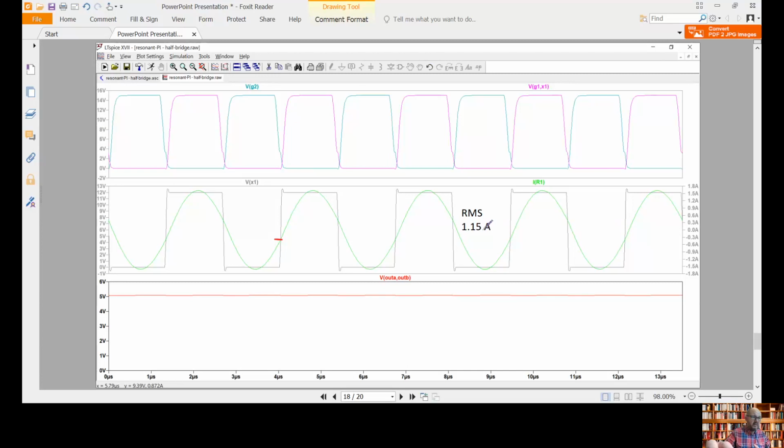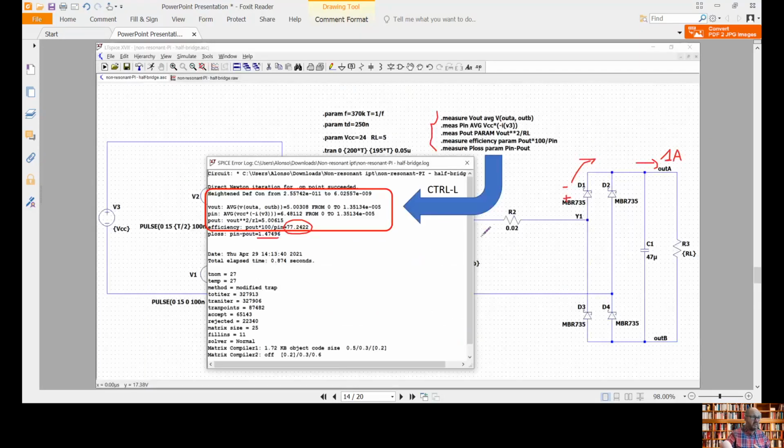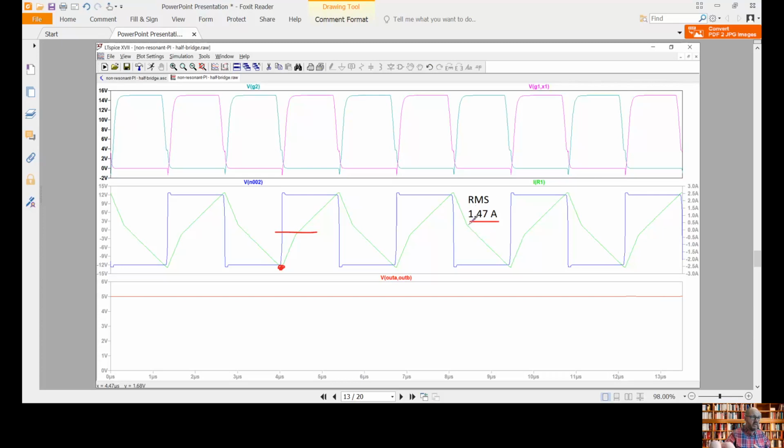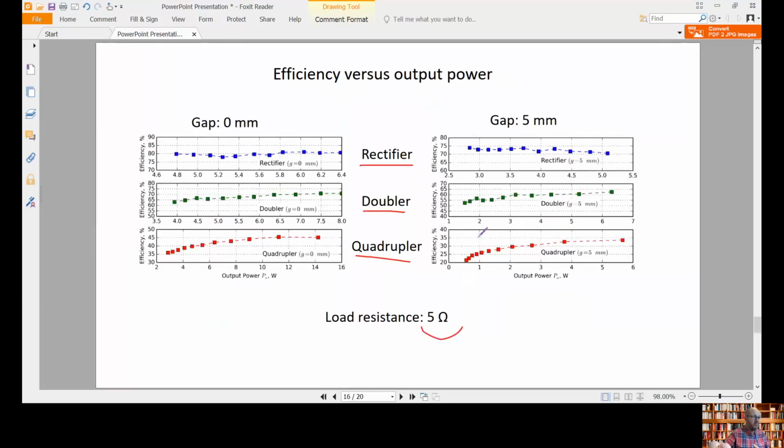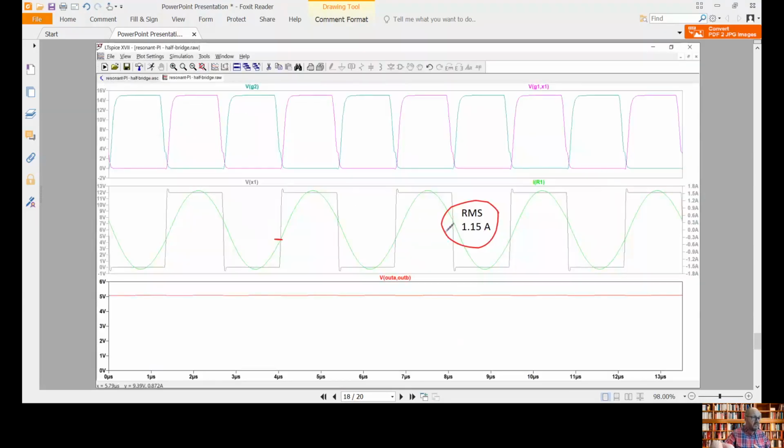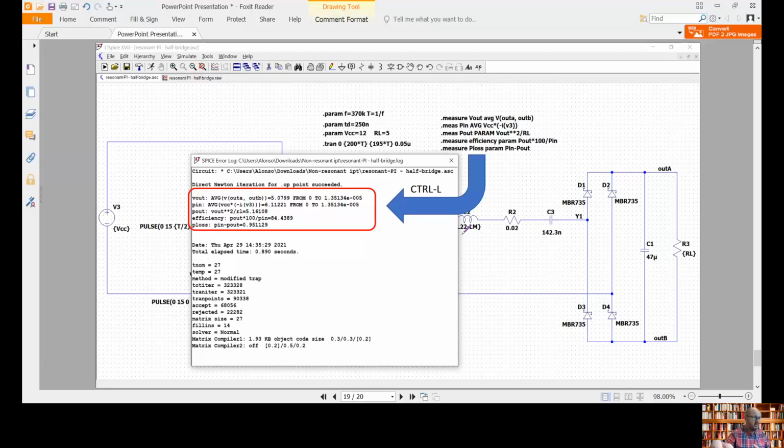One advantage here is that the RMS value of the current is much lower. It's only 1.15 amperes compared with the non-resonant circuit. In the simulation, we had 1.47 amperes, which is higher. So we are going to have better efficiency with the resonant operation.